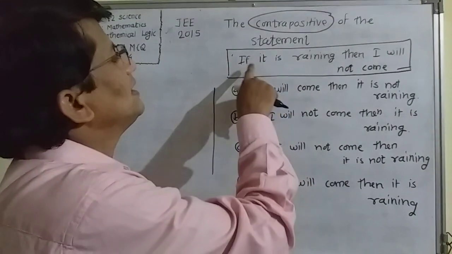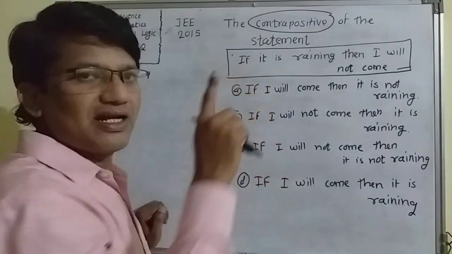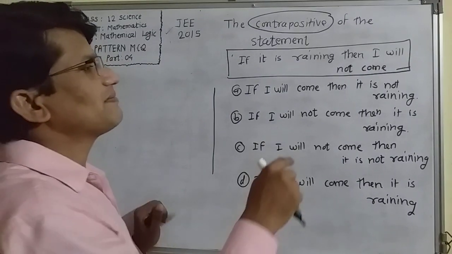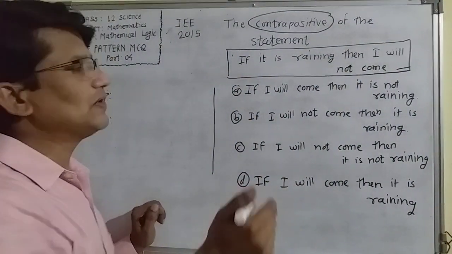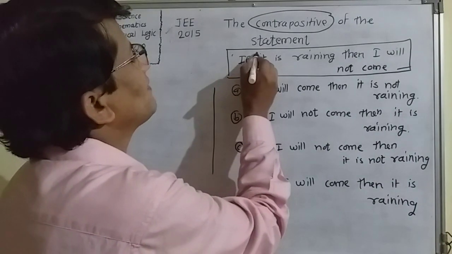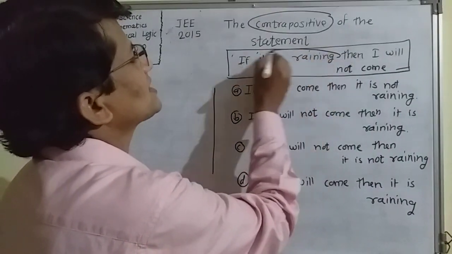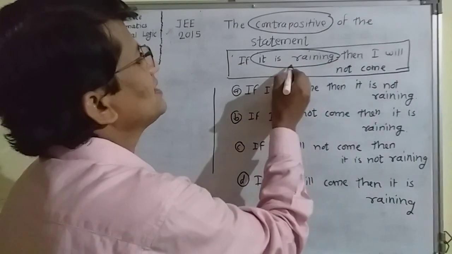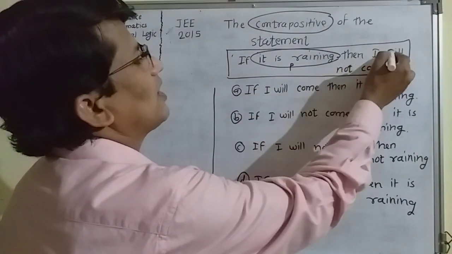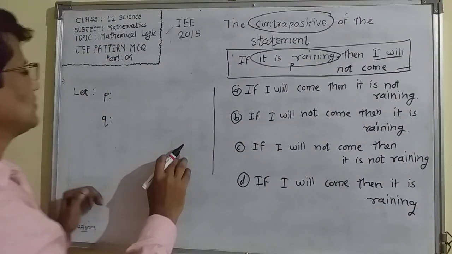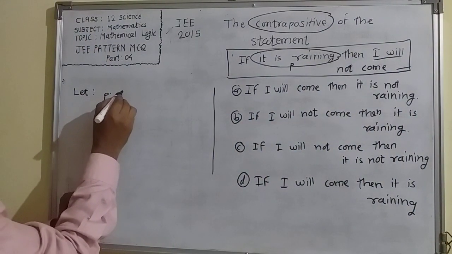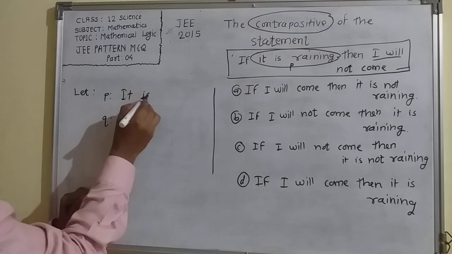So this statement is also a compound statement in if-then form. We all know the part between if and then is P, and the sentence after then is Q. So here P is it is raining.